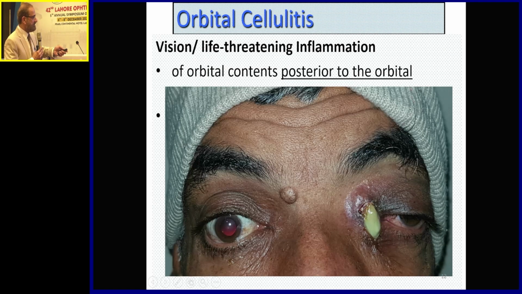Here is the orbital cellulitis, and you can see that sometimes they present with pouring pus. Again, go back to basics and start with the intravenous. Admit these patients.